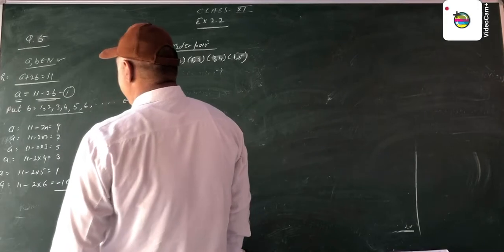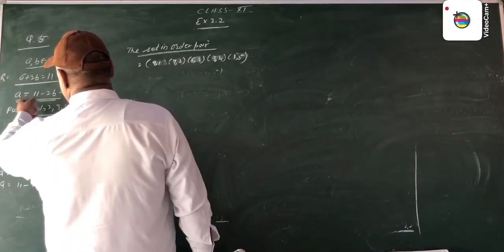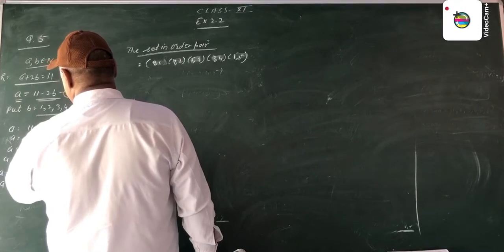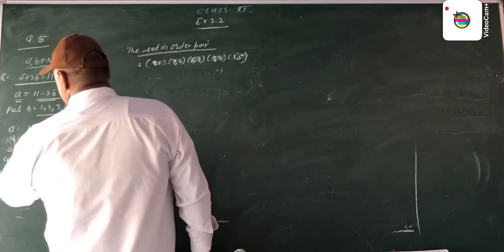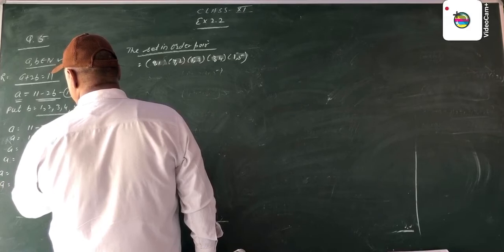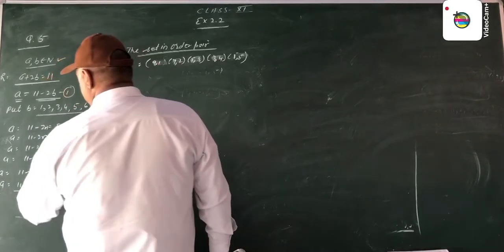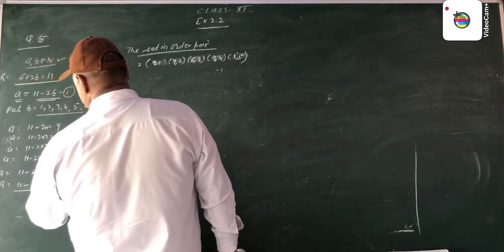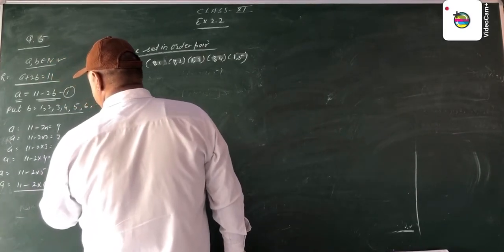Now we put the first value B equal to 1 in the first equation: 11 minus 2 multiplied by 1 is 9. Now we put 2, 3, 4, 5, 6. Then A is 11 minus 2 multiplied by 2, which is 7, and so on. For 11 minus 2 multiplied by 6, the value is minus 1.